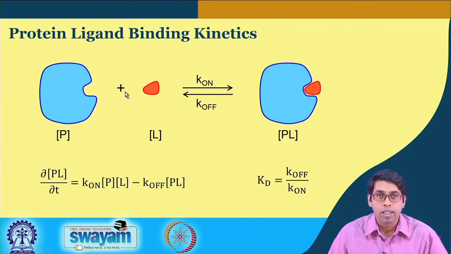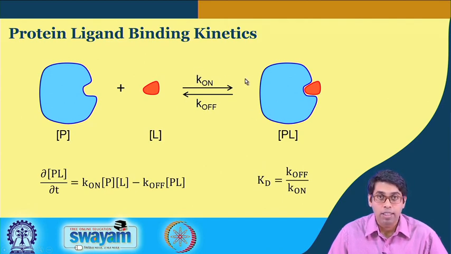The protein and ligand bind to give you PL, the protein ligand complex, and the forward rate is given by k on, and the reverse rate, where this complex dissociates into the free ligand and the free protein, is given by k off. So, at any given point of time, the rate of formation of the protein ligand complex is given by the summation of the forward reaction rate and the reverse reaction rate.